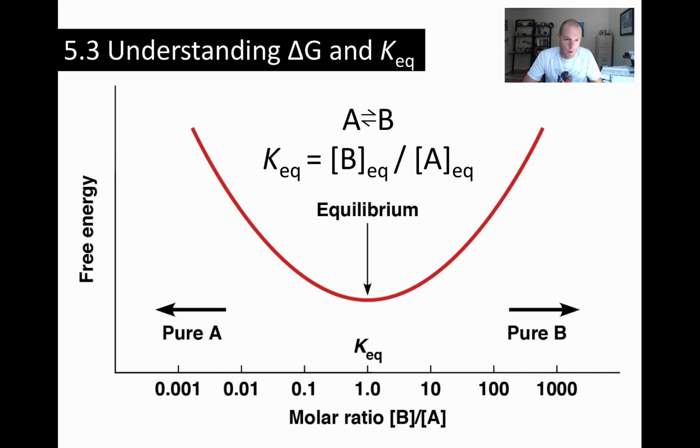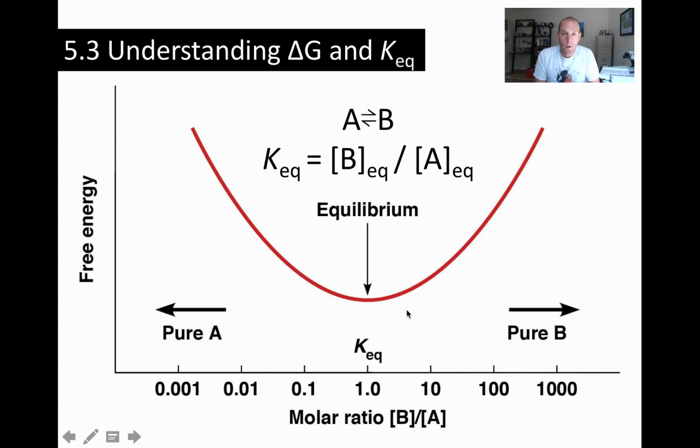If you find that the molar ratio of B to A is 10, that means you've got 10 molecules of B and 1 molecule of A. If you don't believe me, do 10 over 1, it's 10. So if you end up with a molar ratio of 10 of B to A, then your reaction is going to be driven to the left. And if you end up with a molar ratio of 0.01, that would be 1 B to 100 A, then the reaction would be driven to the right.